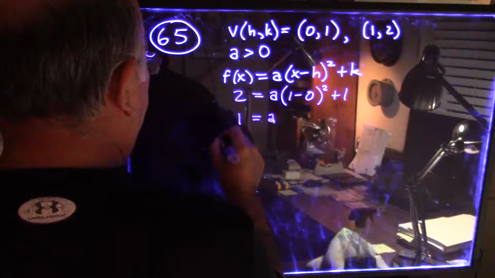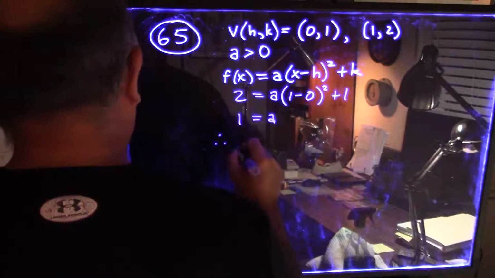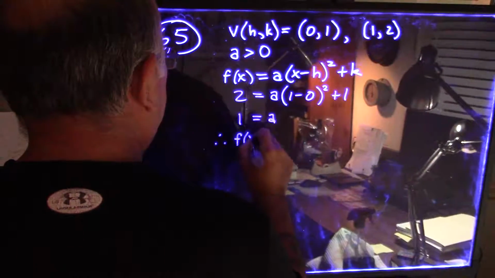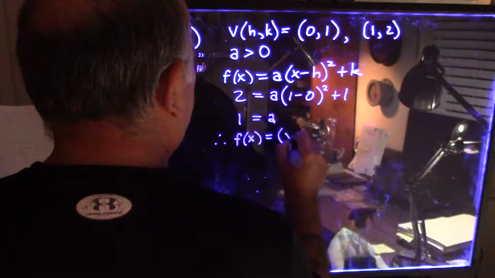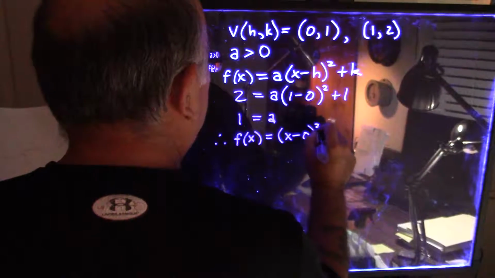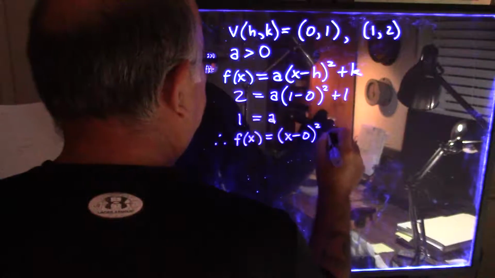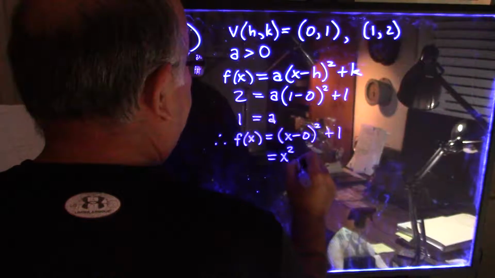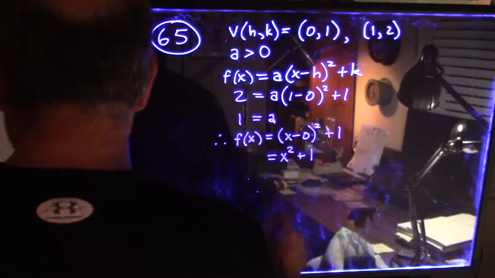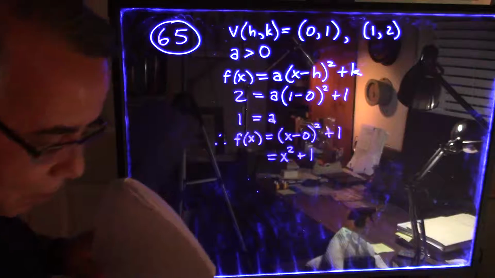So therefore, we have f of x is equal to x minus 0 squared plus 1. And that's just x squared plus 1. That's already in general form. So that takes care of that.